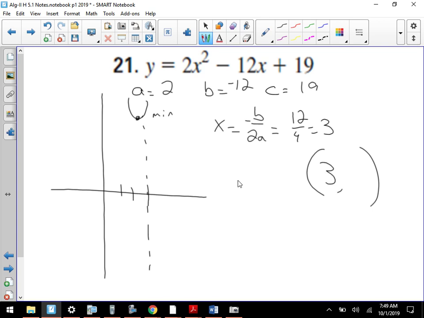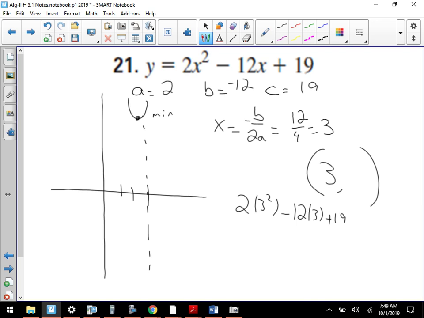Your vertex always lands on the axis of symmetry, which means your x value will always be the x coordinate of the vertex. So you substitute in: 2 times 3 squared, minus 12 times 3, plus 19.